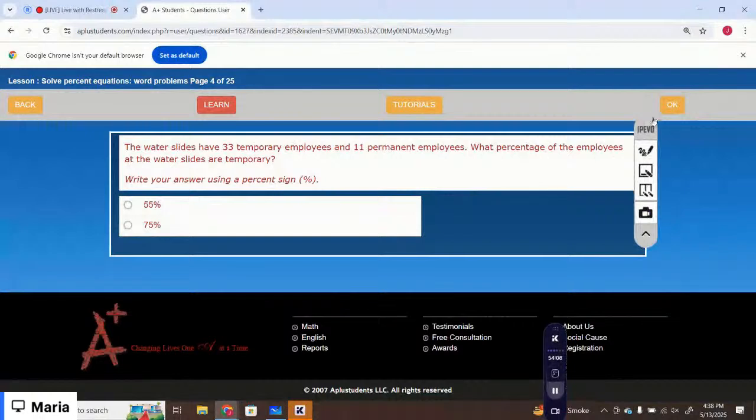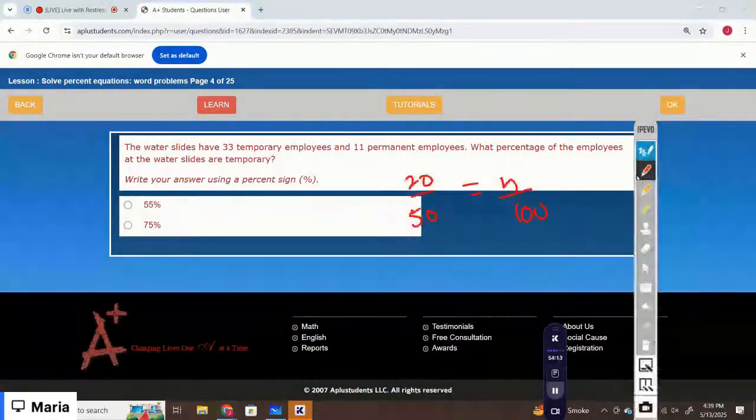What percentage of the employees at the water slides are temporary?